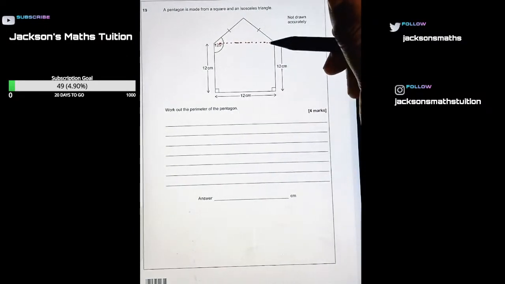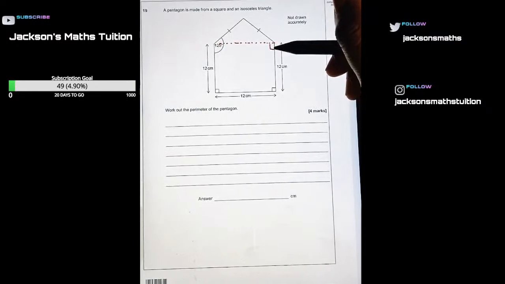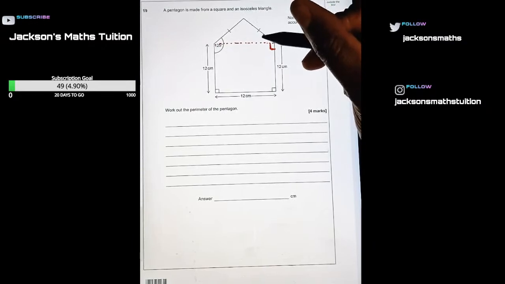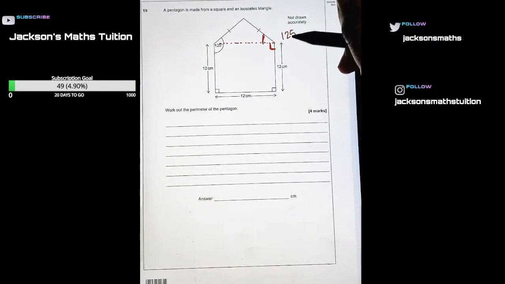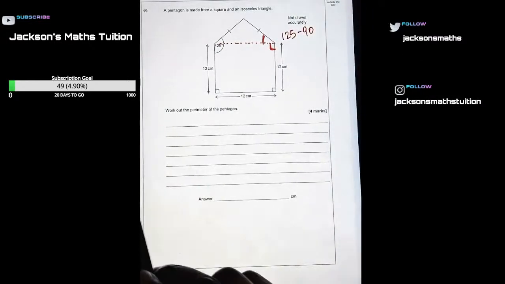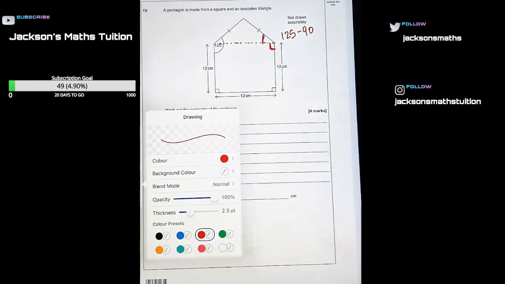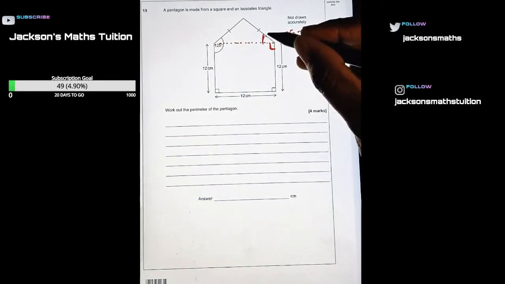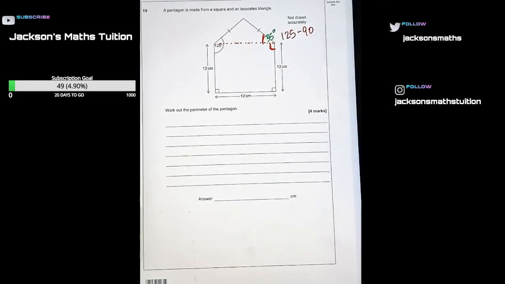I know that each angle in my square is 90 degrees. And if that is 90, then the angle here is going to be 125 minus 90, which is 35. So the angle there is going to be 35 degrees at the base of the triangle, 35 here.